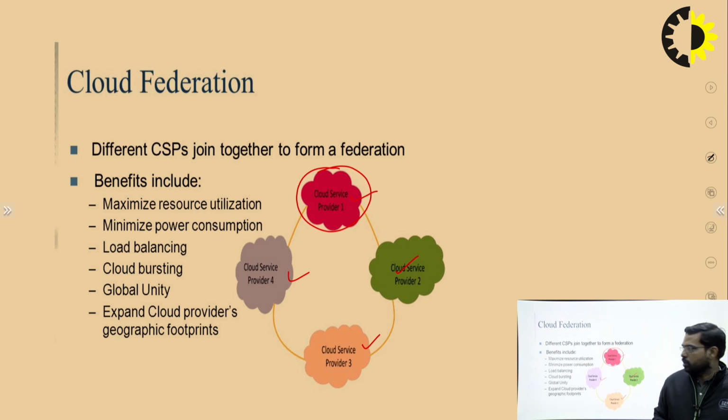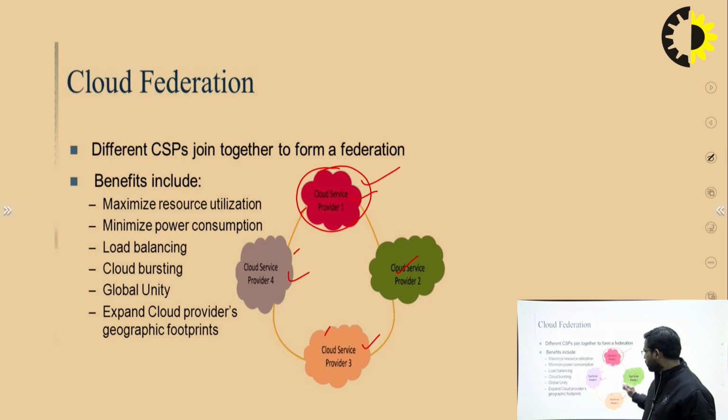Minimum power consumption: power consumption is minimized due to the resources available in the meantime. Load balancing: one is provided by this, one by this, so we can easily balance the load.